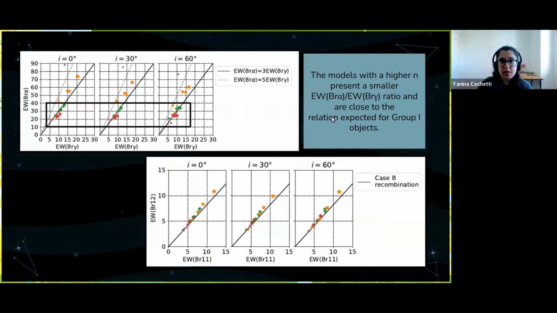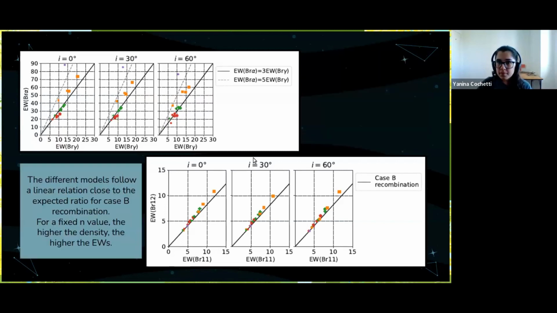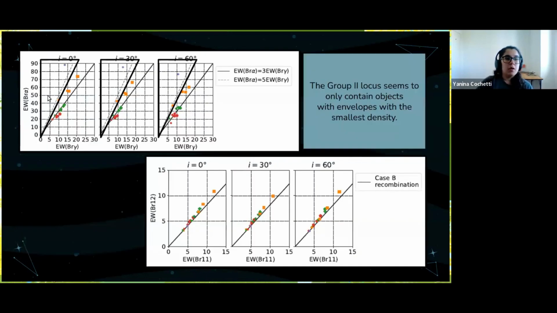And we see that the models with a higher n value present smaller values for the equivalent width and are close to the values that we expect for group 1 objects. For the group 2 position, that it should be inside these triangles, it seems there are only objects with the smaller densities that we have.